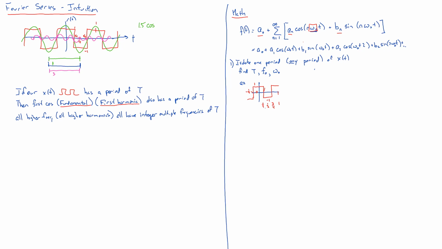And so a very simple way of writing one period would be f of t. We often call this the generator function, f sub g. You could say it's equal to 1 for 0 less than t less than 1/4, -1 for 1/4 less than t less than or equal to 3/4, or 1 for 3/4 less than t less than 1. And that's a correct statement.